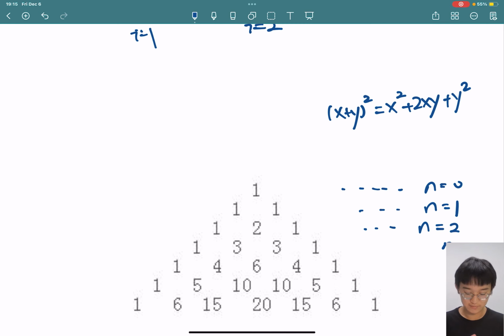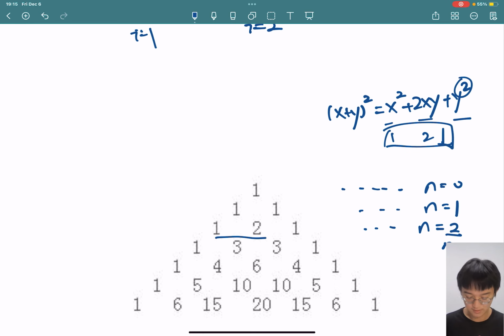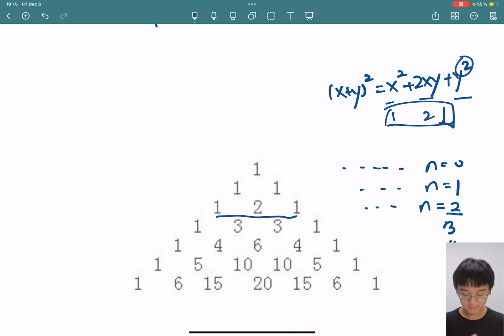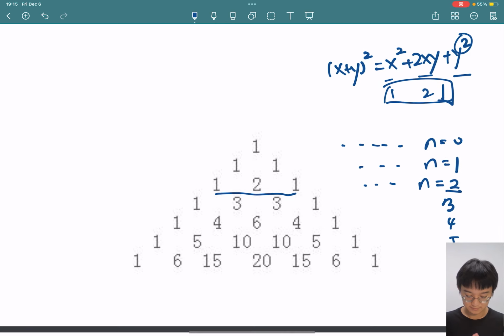The coefficients of these terms are equal to the binomial coefficients. So the binomial coefficients here are 1, 2, 1, and this is n equal to 2. So the Yanghui triangle or Pascal's triangle is the list of binomial coefficients for different n.